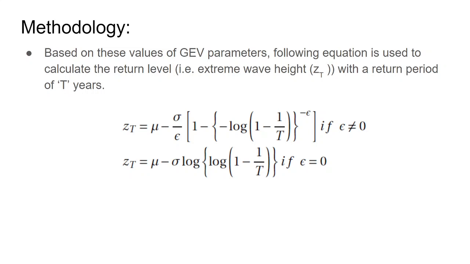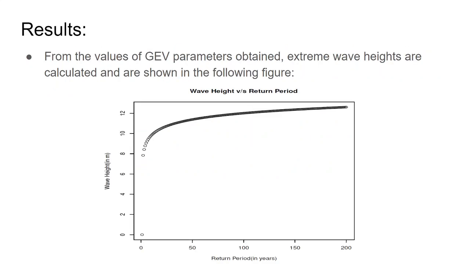We got return levels for each time period: 1 year, 2 years, and correspondingly 50 years and 100 years, which is the average life of a coastal structure we were interested in. Here are the results, and you can see it corresponds to a Weibull distribution, as the epsilon value we got was negative. So it is in sync with those results.